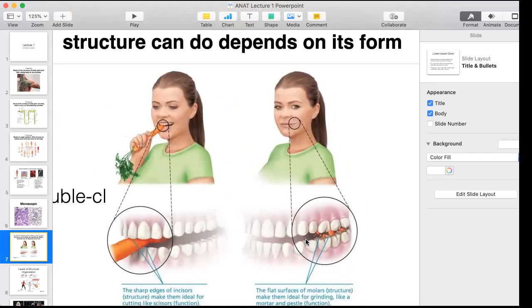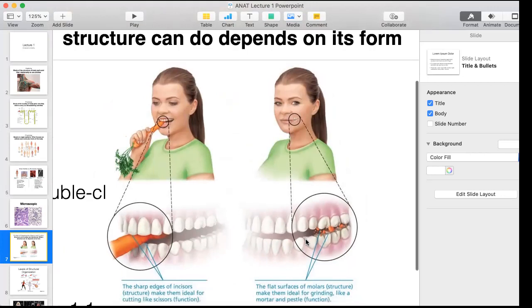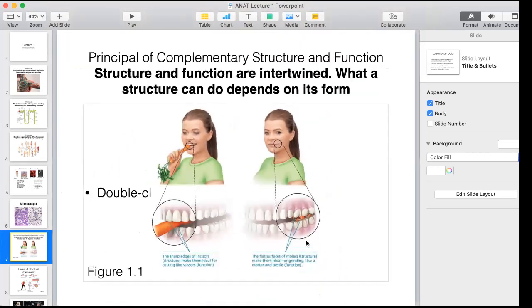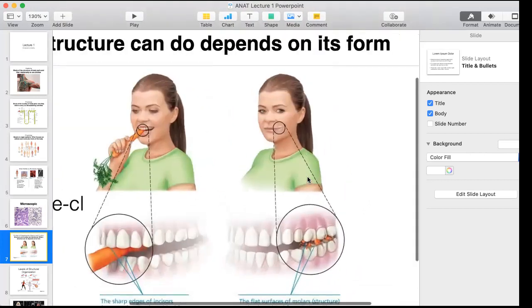So she's powerfully using her very hard teeth in order to grind down the carrot so it is small enough to swallow. Yes, that's probably more detail than you've ever wanted to know about the process of eating a carrot.